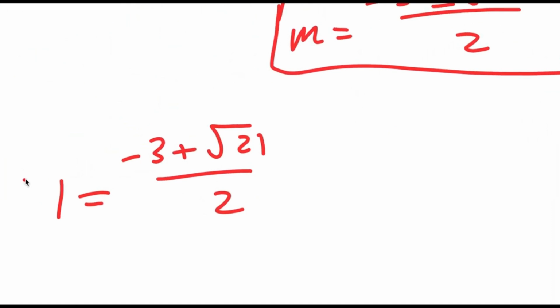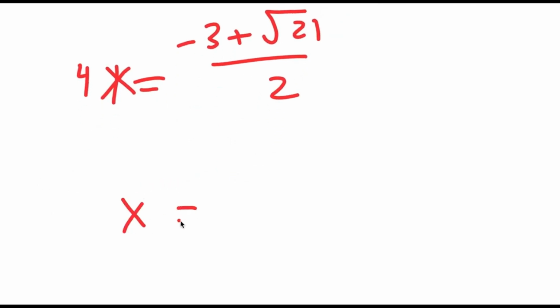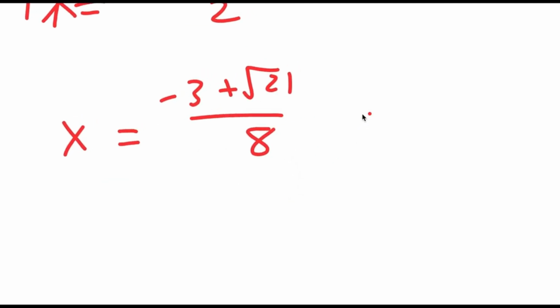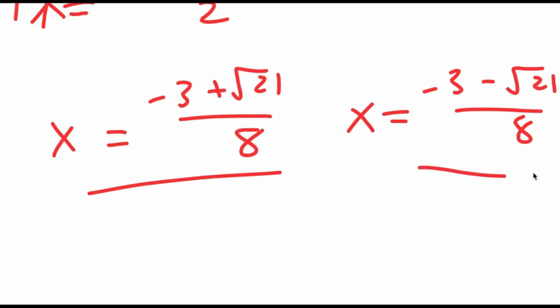So I get 4x is equal to negative 3 plus the square root of 21 over 2, meaning that x is equal to negative 3 plus the square root of 21 over 8, and x is also equal to negative 3 minus the square root of 21 over 8. So those are my 3 solutions.